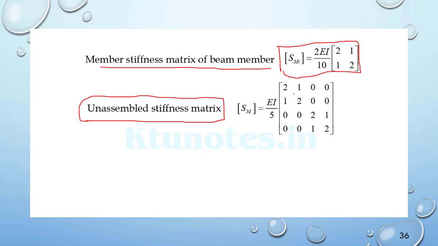So the AB parameters will come in the first phase, and the BC parameters will come in the second phase. So 2 and 10 get cancelled, so EI by 5 will come, into this for AB and this for BC, and this will be the unassembled stiffness matrix SM.